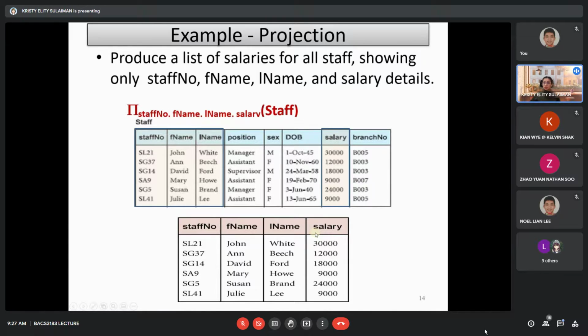For projection, it also refers to a single relation, meaning only one table, with no other table referred to. I think it's very straightforward. It will produce a result according to the attributes required by this projection operation.